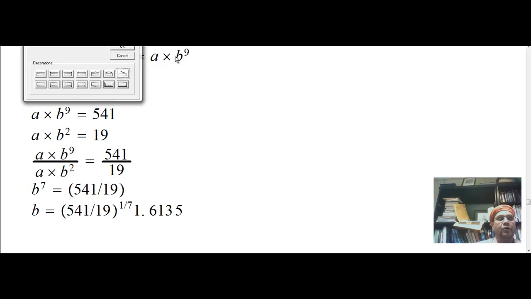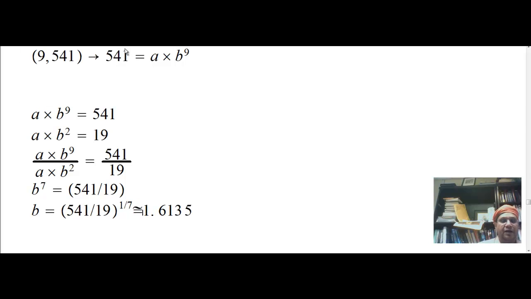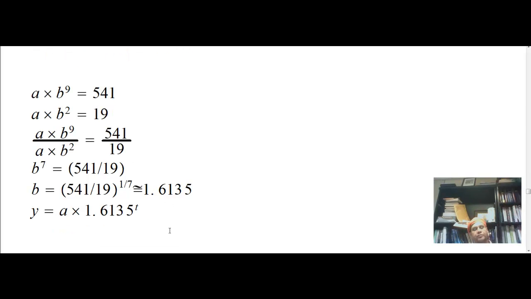So that's my B. Now the equation becomes y equals A times this quantity to the power t. Are we good here? Now we have to determine A.